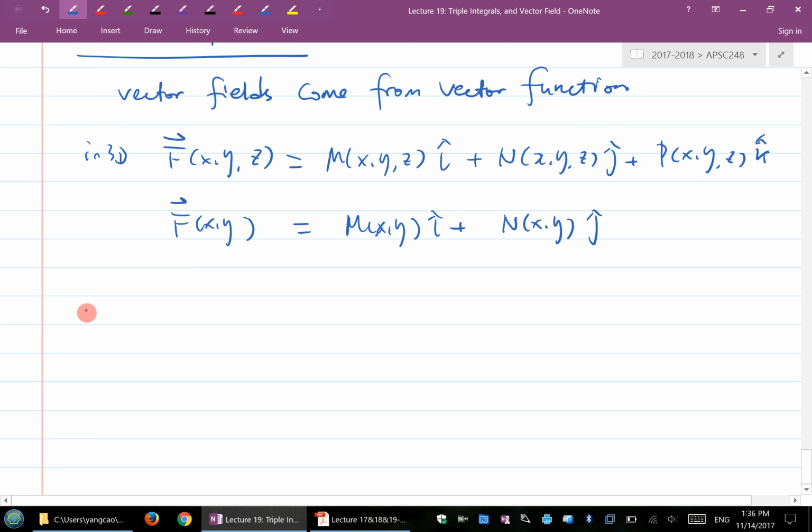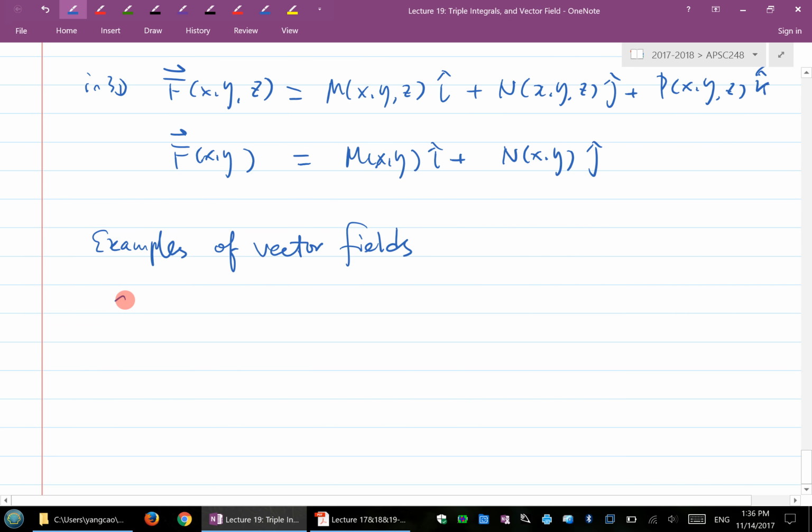I'll show you a few examples of vector fields. For example, let's say f equals x i hat plus y j hat. That's a vector function.